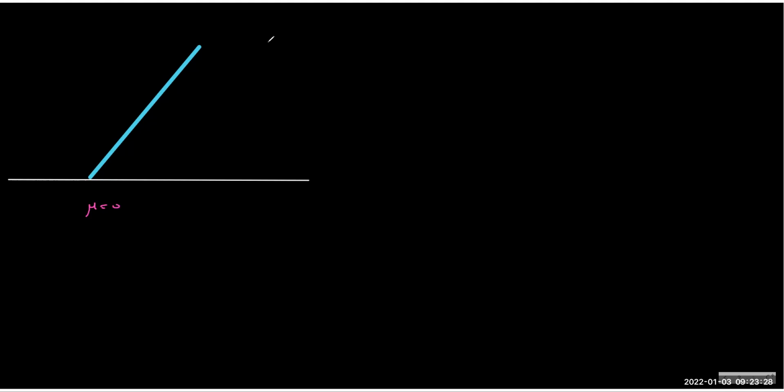Then the center of mass will travel in a vertical path, directly downward. There is no option to go right or left. So the acceleration of the center of mass will be this way only, for sure. And definitely the normal will act like this, which will produce the alpha.